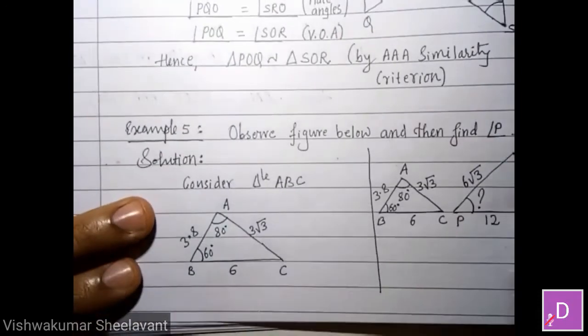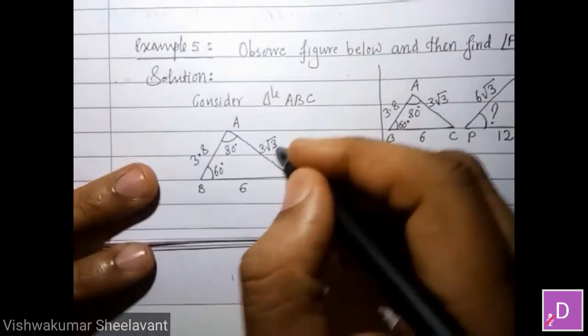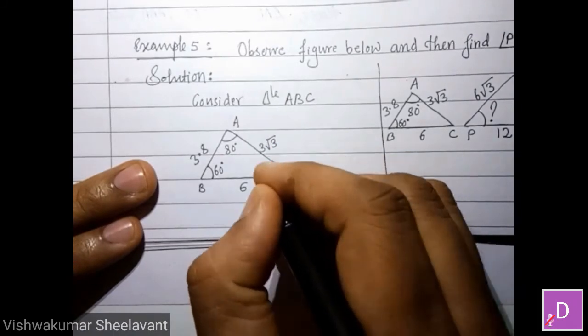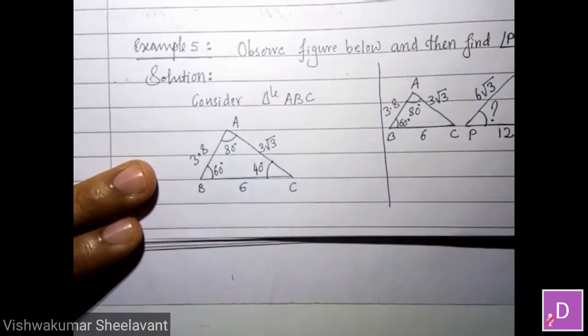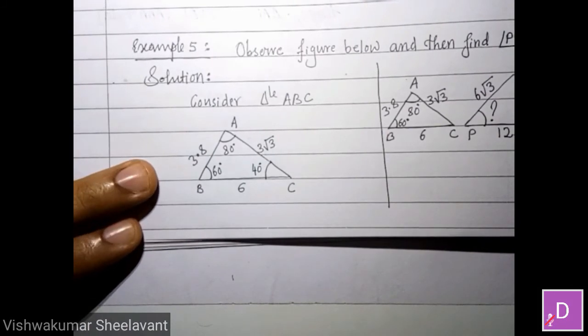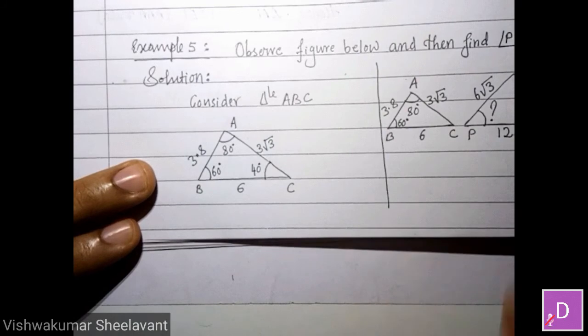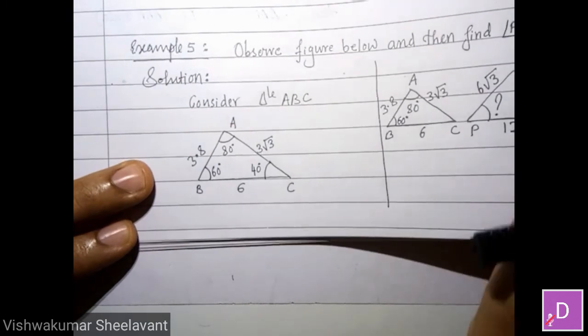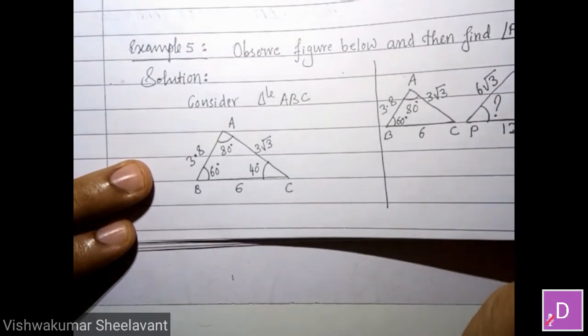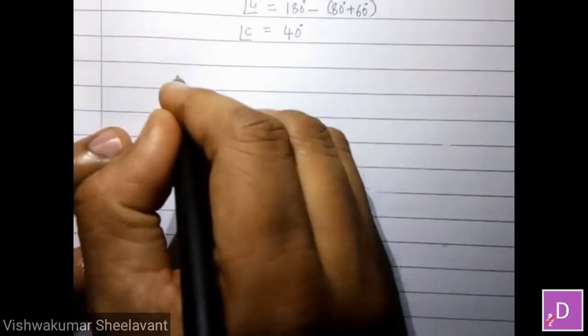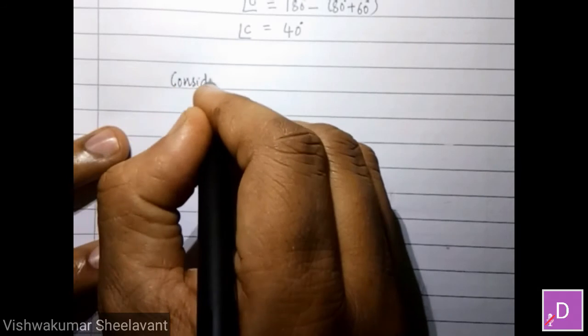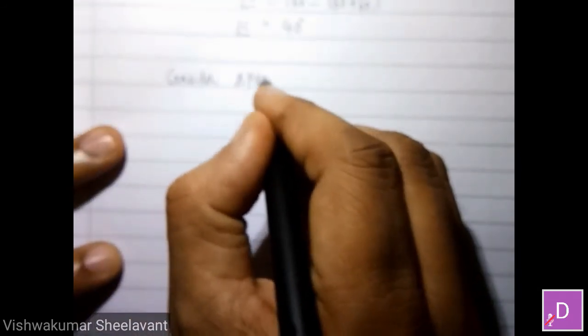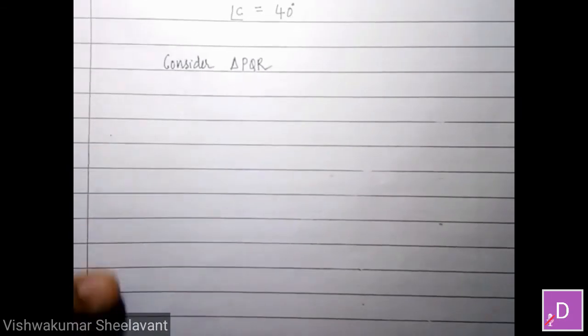So now we have found here (40°). Draw other triangle, that is PQR. Consider triangle PQR.